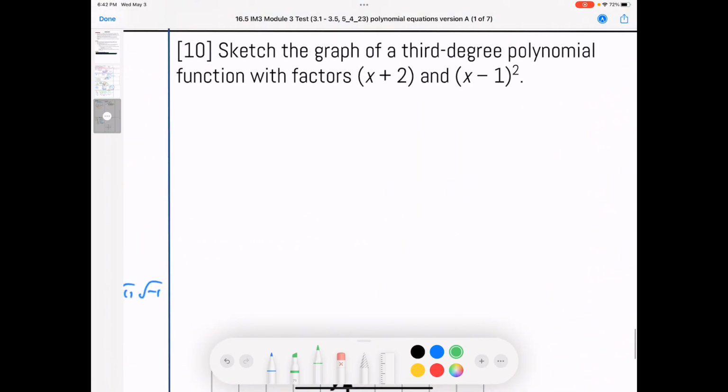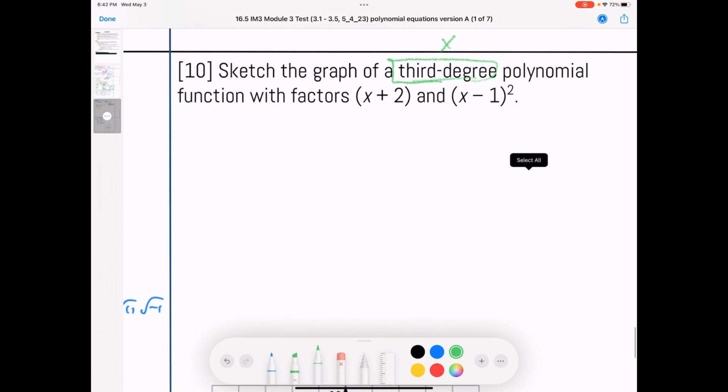Number 10, sketch a third degree polynomial. So like x to the third. So let's get some characteristics. It doesn't tell anything about the leading coefficient. So I'm just going to assume it's positive. Our degree is 3.